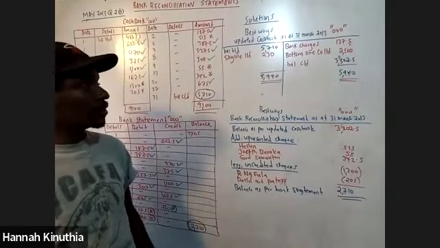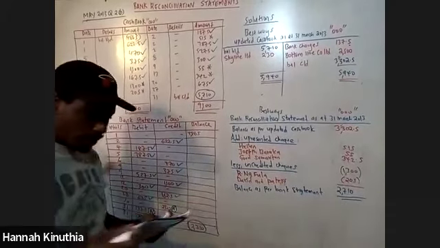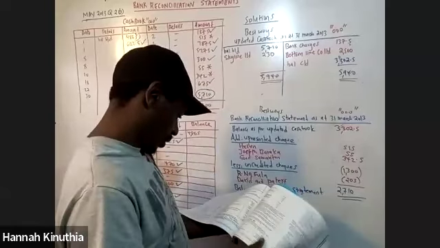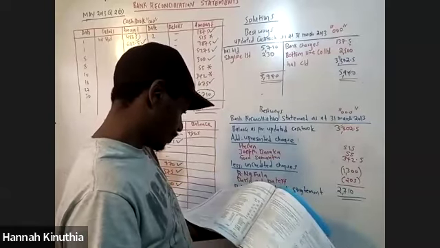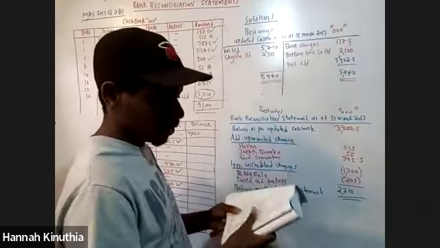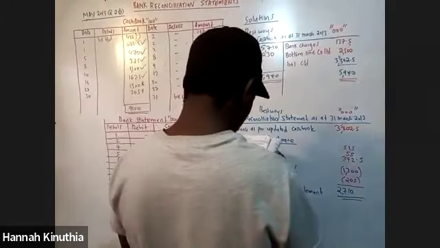I think that one marks the end of our class. Your assignment, do question number 21. This question was tested a long time ago, meaning it can be tested anytime in your exam, so be ready. This kind of question was tested a long time ago.